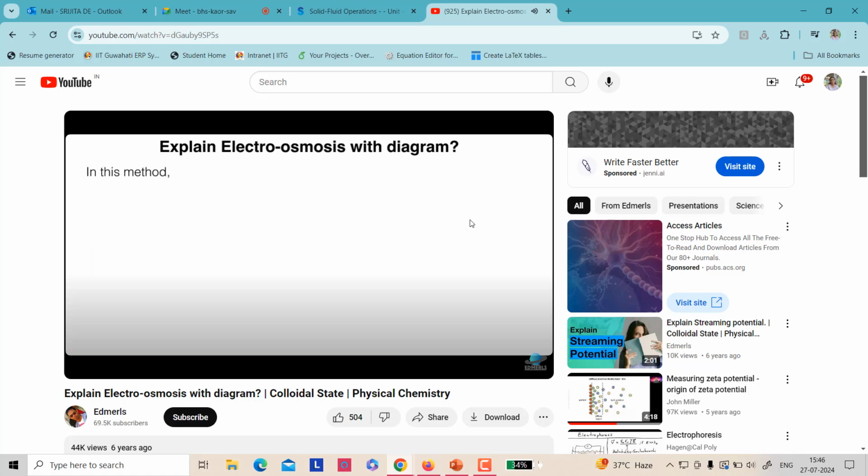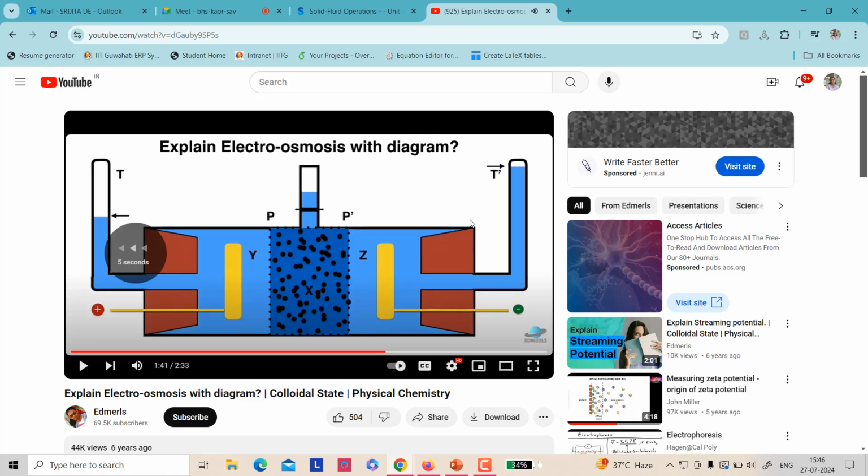So here it is saying that this is the solution mixture, and here they are giving the positive electrode, and this is the negative electrode, and because of the voltage difference or potential difference, the positively charged particles are going in the opposite direction, and that is how they are separated.